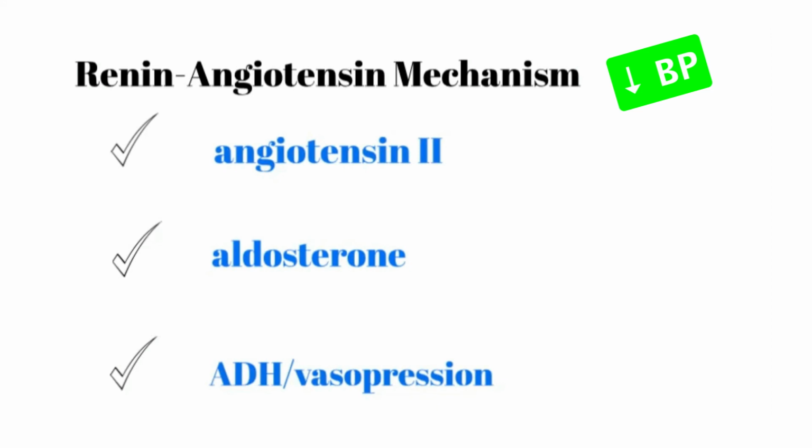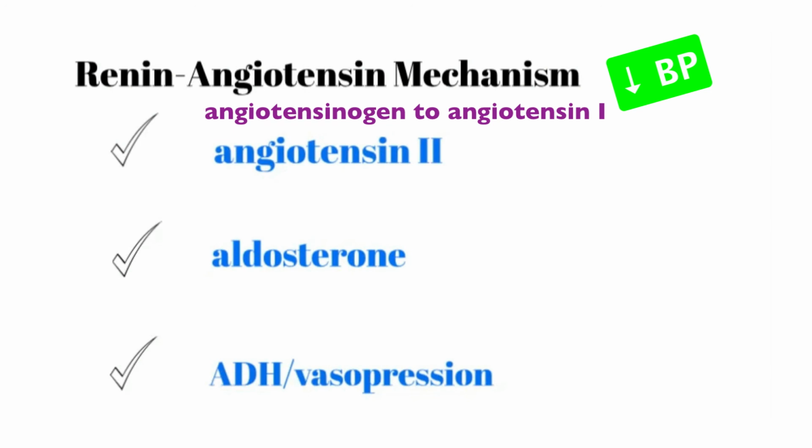Renin is going to convert a plasma protein known as angiotensinogen into angiotensin 1. Angiotensinogen is an inactive plasma protein that only gets converted to angiotensin 1 in the presence of renin. Once again, renin is released from the JG cells during times of low blood pressure.